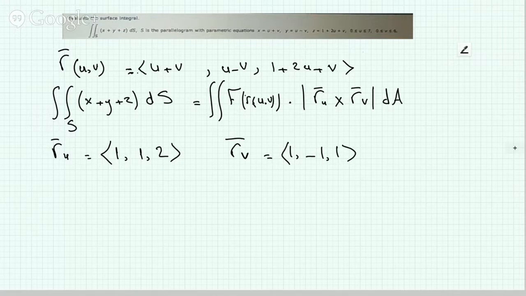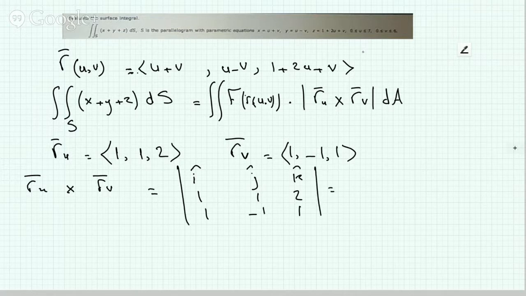And then if we do take the cross product of these two vectors, I'll just do the cross product here once just to show you. And if I post more problems on this, I will skip it since I've already mentioned it once. So i, j, k, 1, 1, 2, 1, minus 1, 1.